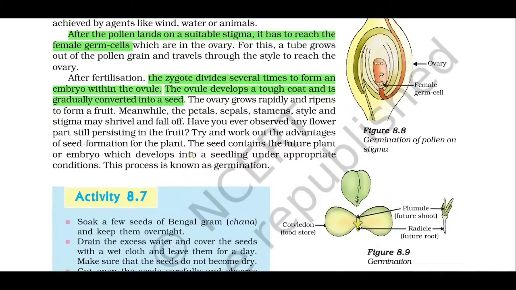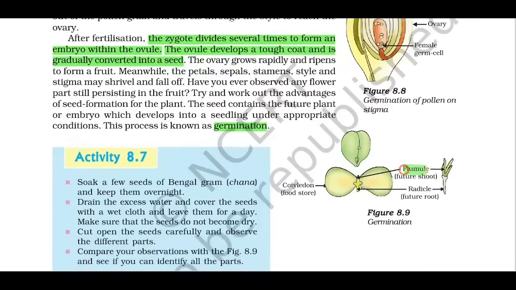The seed contains the future plant or the embryo which develops into a seedling under appropriate conditions, which is called what? Germination. The plumule is the future shoot, the radicle is the future root, and the cotyledon is the food store during the germination process.